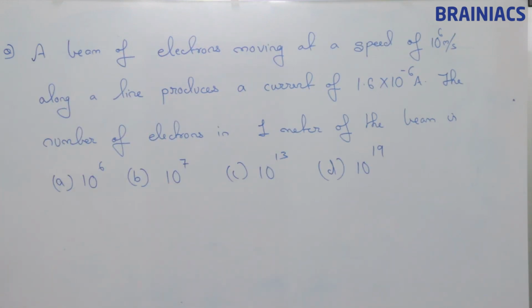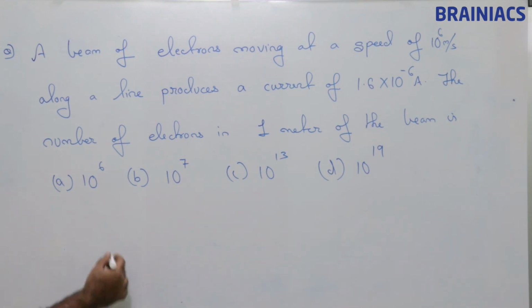Another question: a beam of electrons moving at a speed of 10 raised to 6 meter per second along a line produces a current of 1.6 into 10 raised to minus 6 ampere. The number of electrons in 1 meter of beam. This is the question.